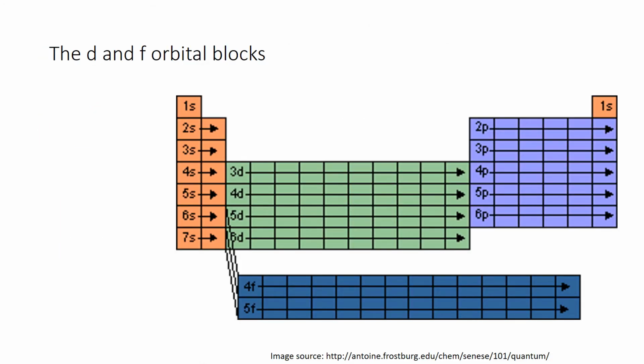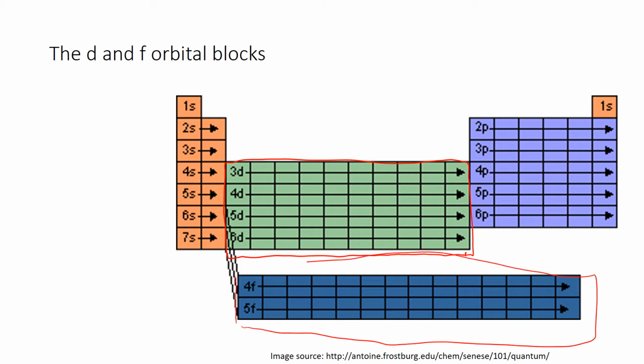So it turns out that if you write the electron configurations for the elements in the transition metal section, which is the central portion of the periodic table, all of those last electrons go into d sublevels. Those are the last sublevels being filled. And in the same way, if you look at the elements in the lanthanide and actinide series, those are the 2 rows that are kind of pulled out from the periodic table and put down at the bottom, all of their last electrons are going into f sublevels.